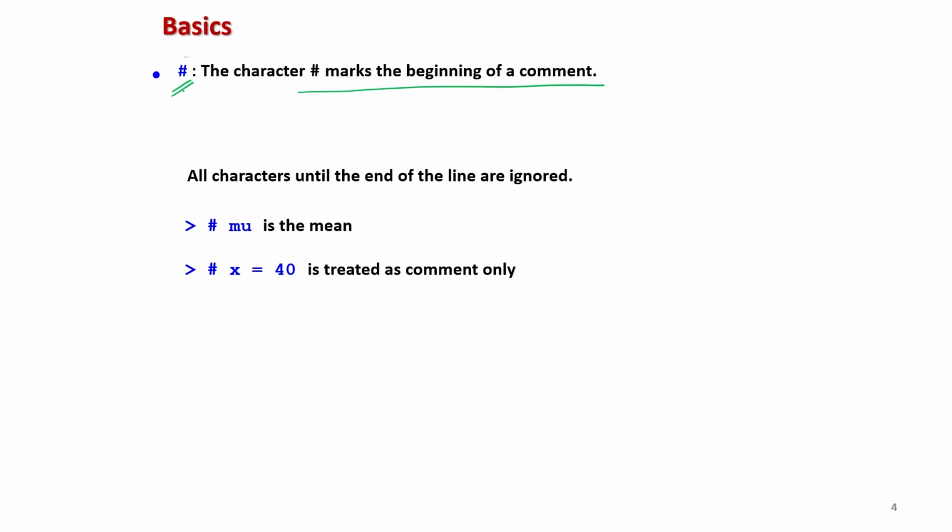As soon as you write the hash key, R will understand that the statement on this line is not to be executed and it is only a comment. And everything until the end of the line is ignored. For example, I can write here hash mu is the mean, hash x equal to 40, then it is treated only as a comment and nothing will work here, right.